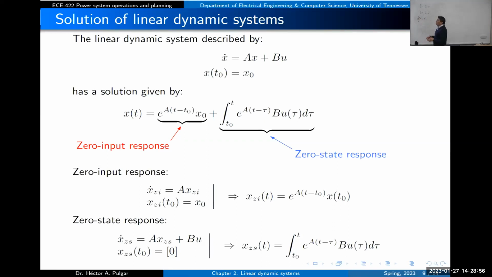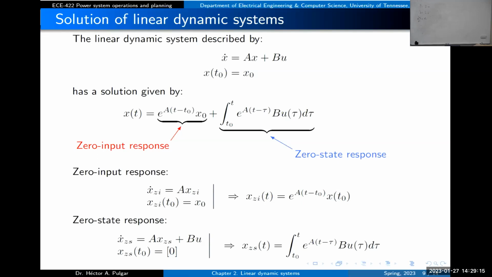Now, we're not going to prove this, but the solution for this system, that I told you was a simple model that we can obtain, is given by this expression. This expression has two components.